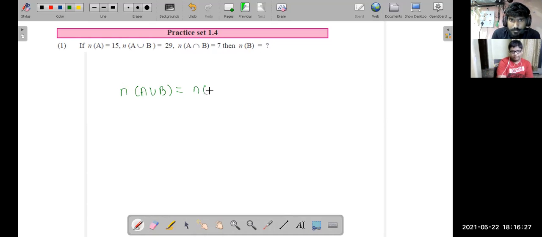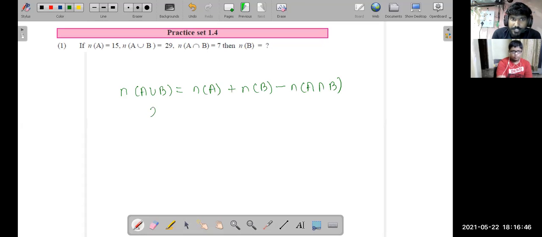n of A plus n of B minus n of A intersection B. Substitute the values.